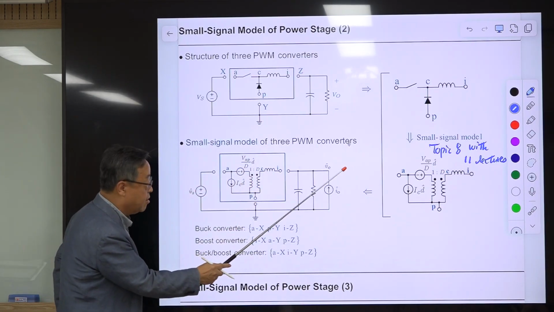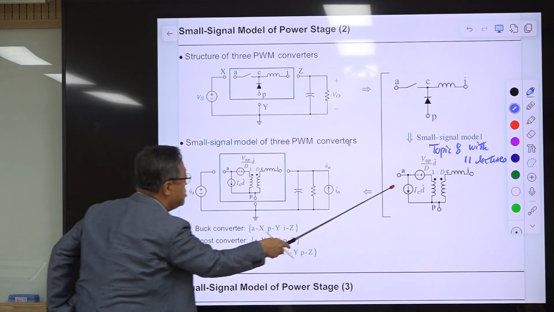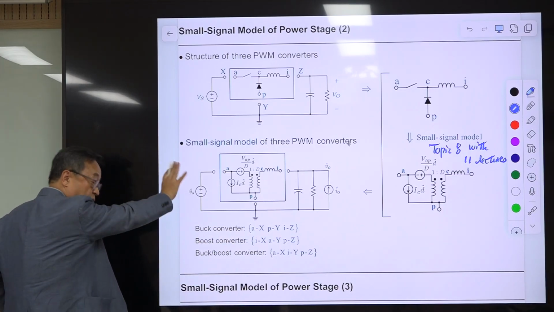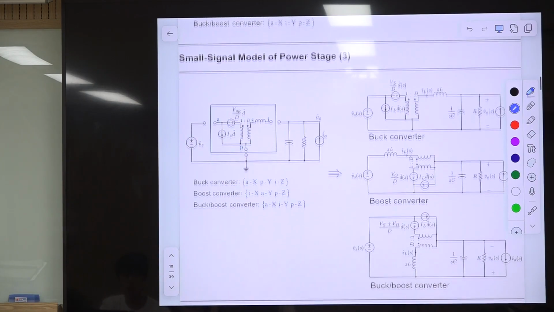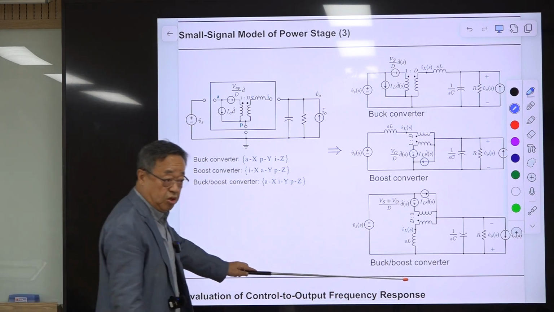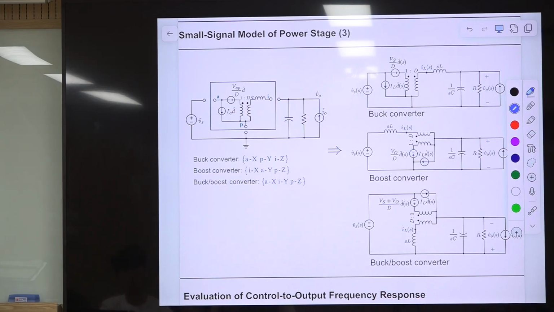Then you just take out this, go through this procedure, and put it back to here, and you rotate 3 times. Then you will come up with the small signal power stage model of the buck converter, boost converter, and buck boost converter. We will be using this because the flyback converter is actually a buck boost converter with transformer isolation. So we will be using this. So this is important, okay?